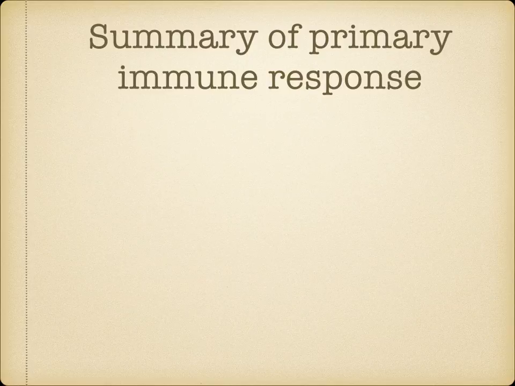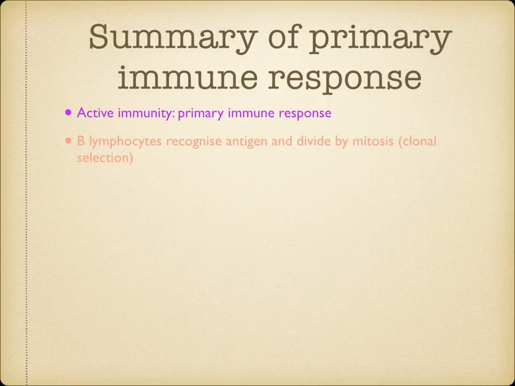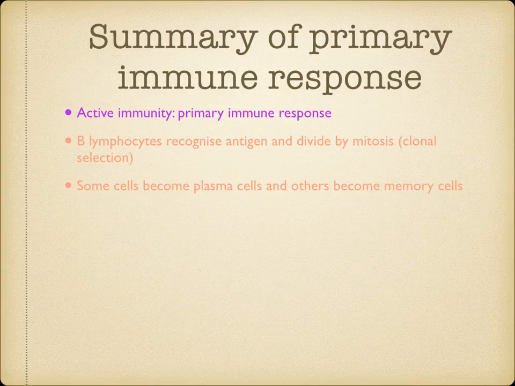Right, the summary of the primary immune response. Okay, it's active immunity. So a primary immune response is initiated. B lymphocytes recognize the antigen and then they divide by mitosis. So this is called clonal selection. Some of the cells become plasma cells and others become memory cells.